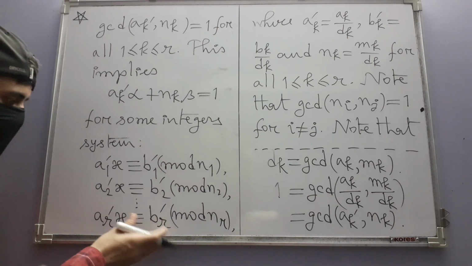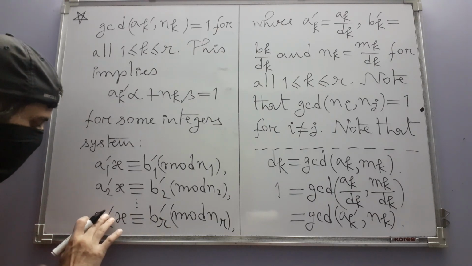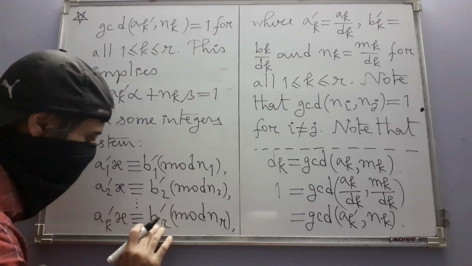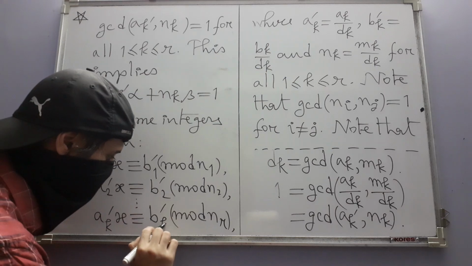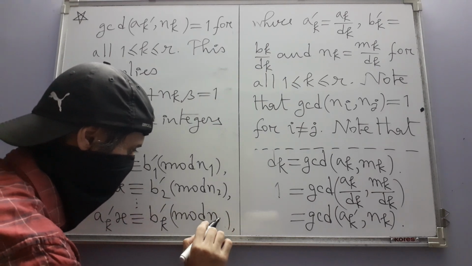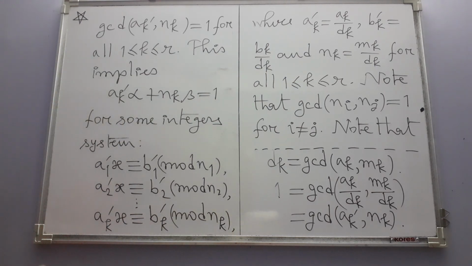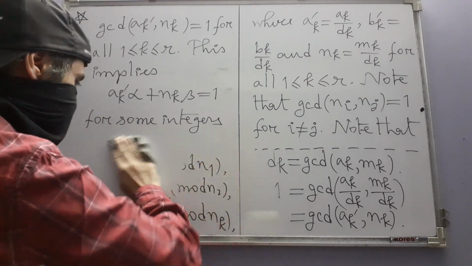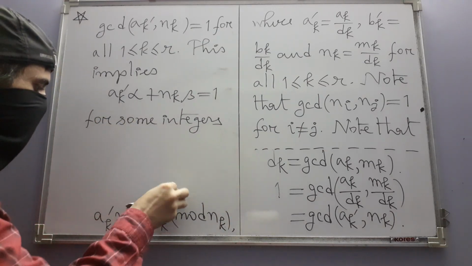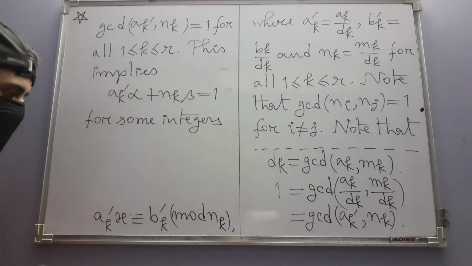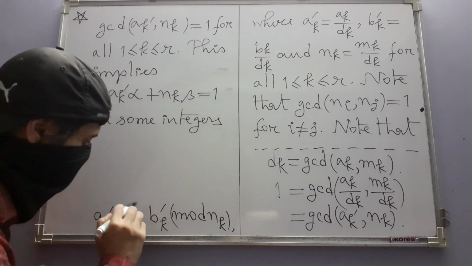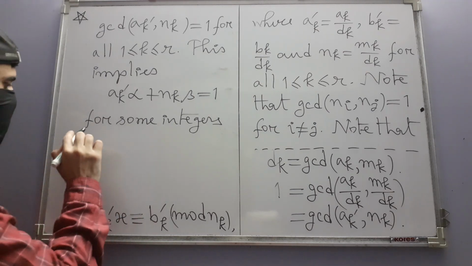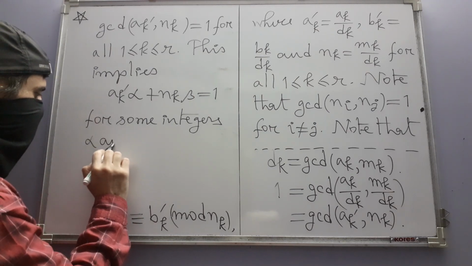It's enough to keep only one congruence here, right? A general one, so let me simply write the kth one. So we are now looking at a general congruence in that second system, for some integers alpha and beta.